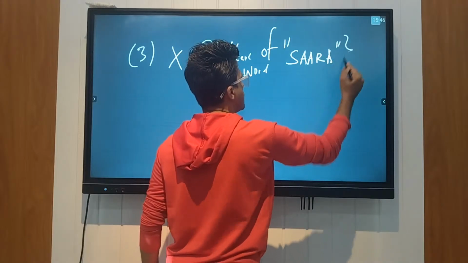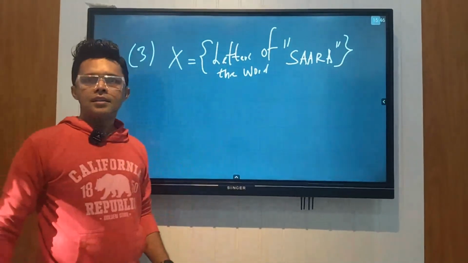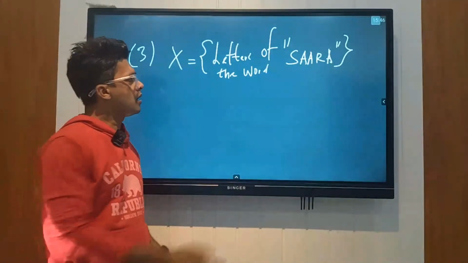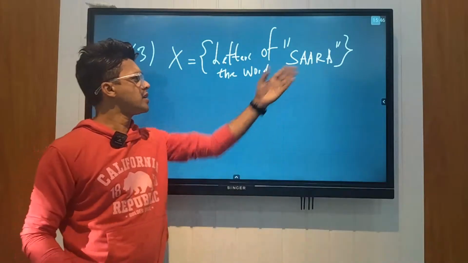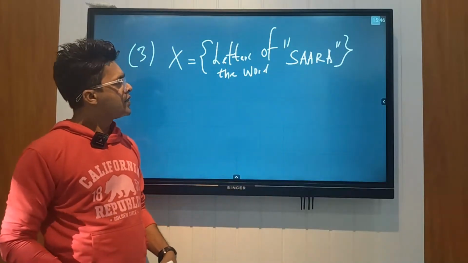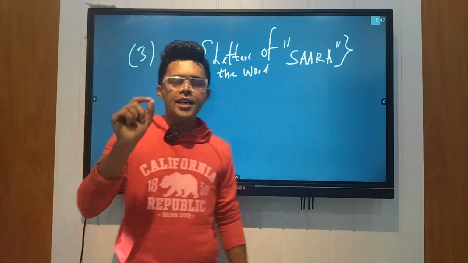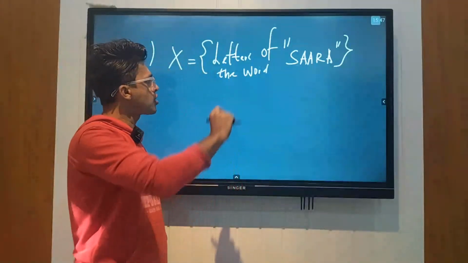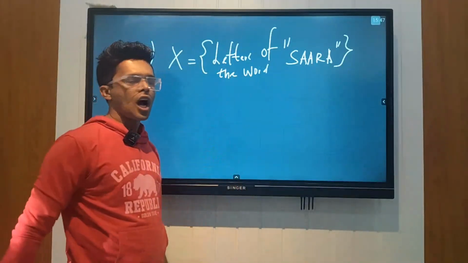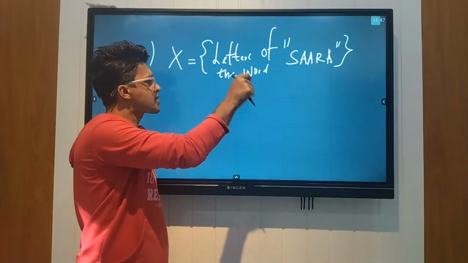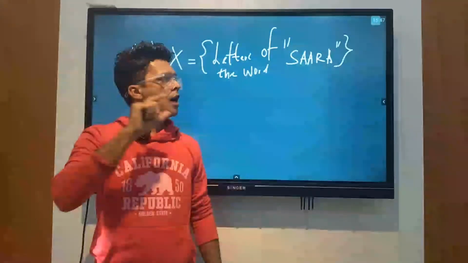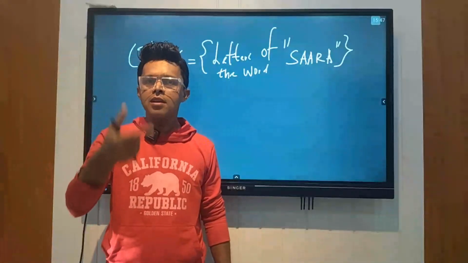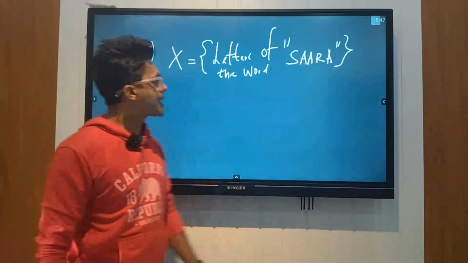This is the word Sarah, right? Letters of the word Sarah. Then you need to write the elements of this word. I mean, this word is considered as a set. Letters of the word, we are going to write the elements of the set X here.